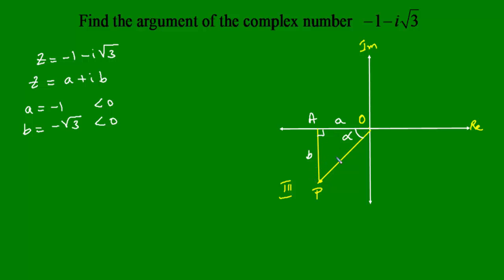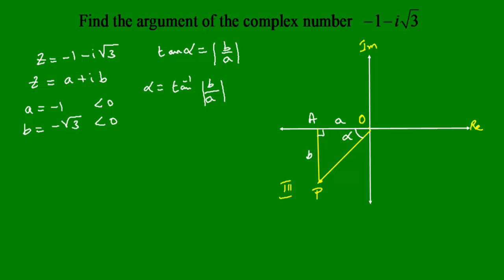From this we can find alpha. So, in fact, tan alpha is equal to b by a. So therefore we have tan alpha is equal to b by a, and note that we use the absolute sign, or we have alpha equal to tan inverse or arctan of b upon a.